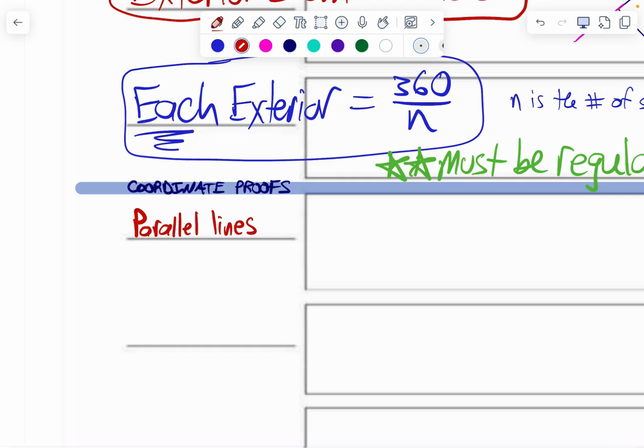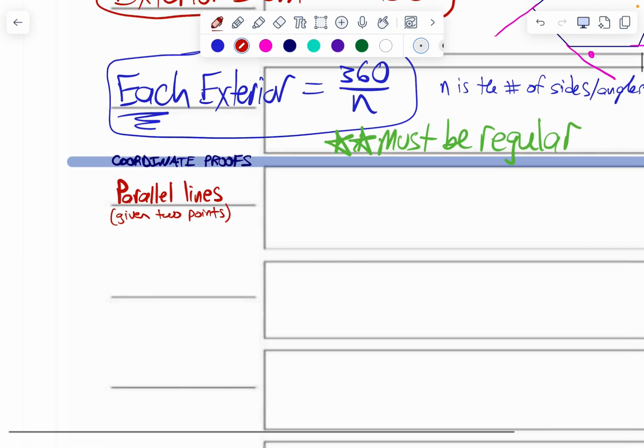So parallel lines. If I'm given 2 points on some graph, here's what we're looking for. Let's make this real big and then we'll come back and talk about steps.